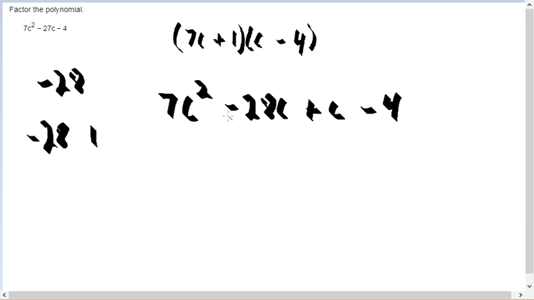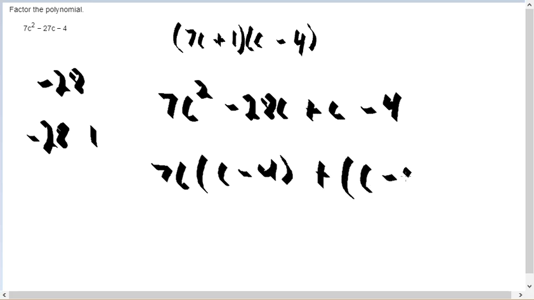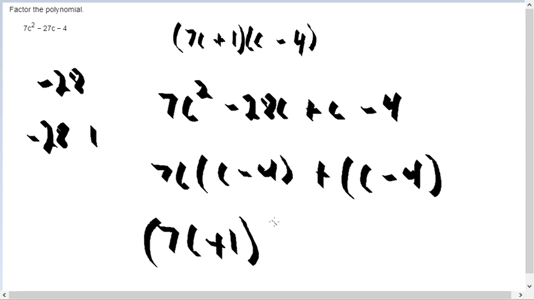And then we can factor by grouping by pulling out a 7c there, and we'll get c minus 4. And then we have a plus, and I'll put parentheses around that, c minus 4. And then there's an invisible 1 in front, so I can pull those out and say 7c plus 1 times c minus 4. And you can see that's exactly what we got up there.